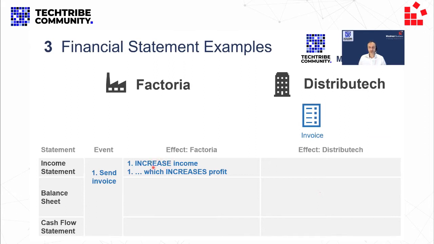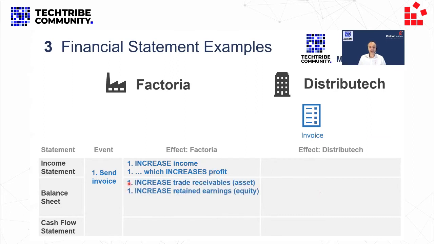We're just talking about sending the invoice. That increases the income, which increases the profit. You will also typically assign an expense, a cost to that income, but typically your expense related to that income will be less than that income, so that will increase the profit, the bottom line of your income statement.